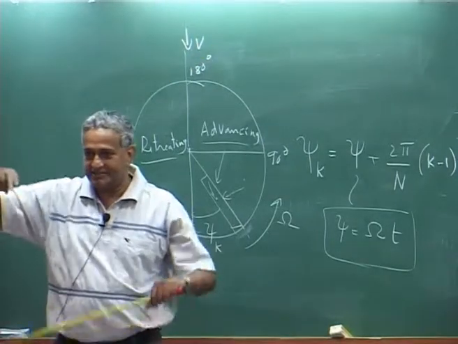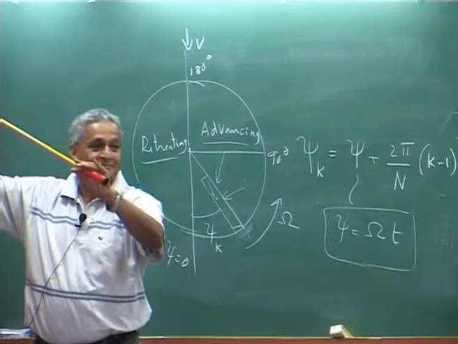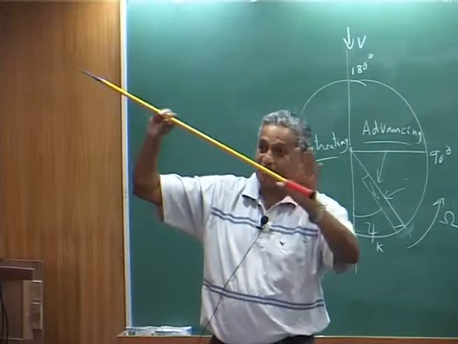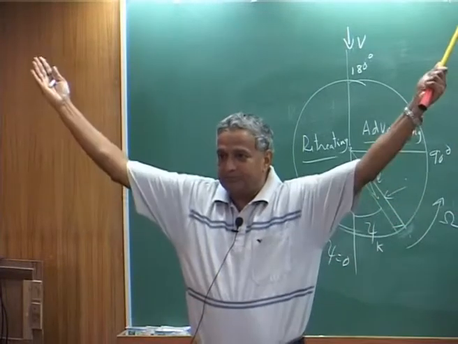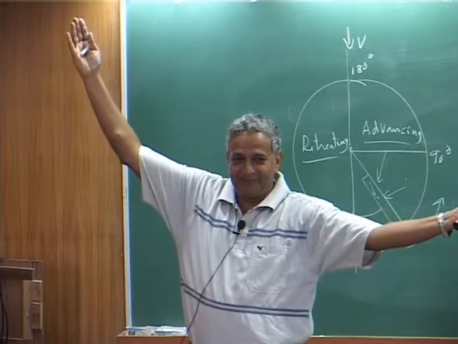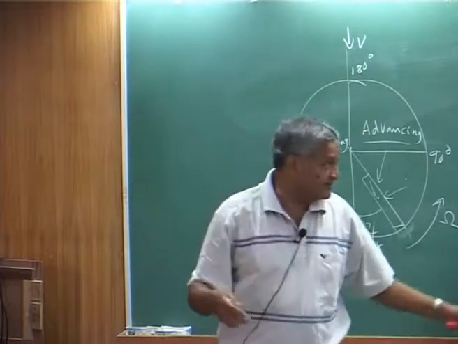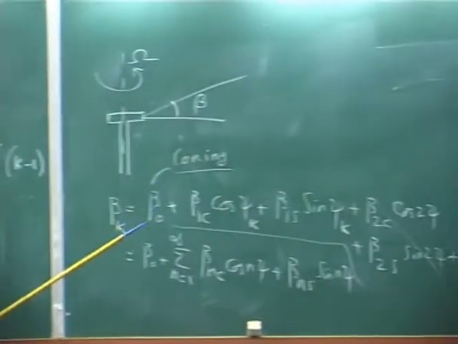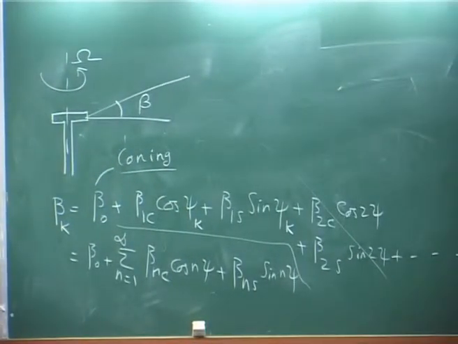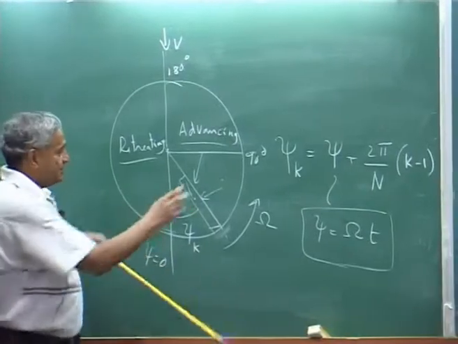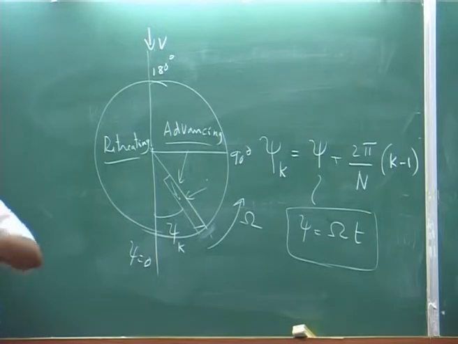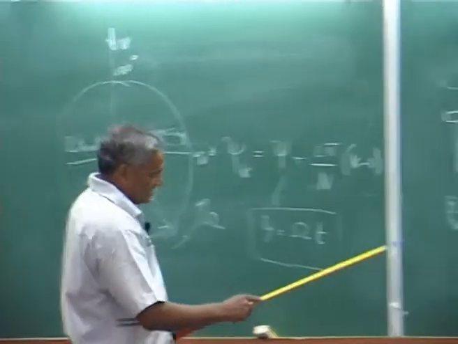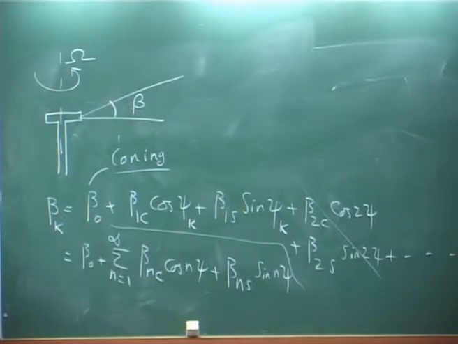That means the disc is tilted in the forward direction. So one is I took the disc up, then I tilted it forward, but beta 1s represents the tilt in the lateral direction, because here it is up, here it is down, okay.